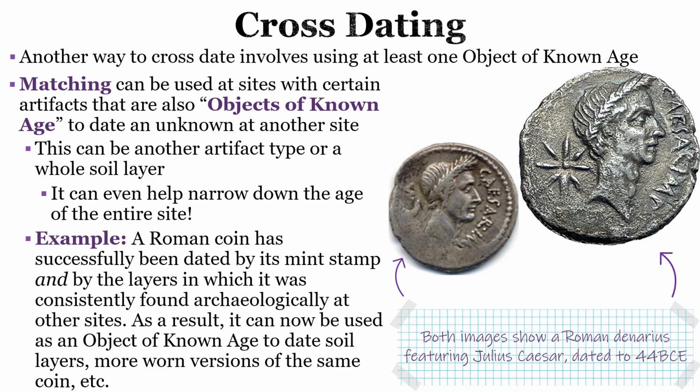So for example, if we find a coin on one site and we get a nice clear date for that, this can help us establish a chronology. If there's a ceramic that is in a layer, let's say right underneath that coin, we know it's older. Has to be, right? The law of superposition, relative dating. So it has to be older than the date of the coin.